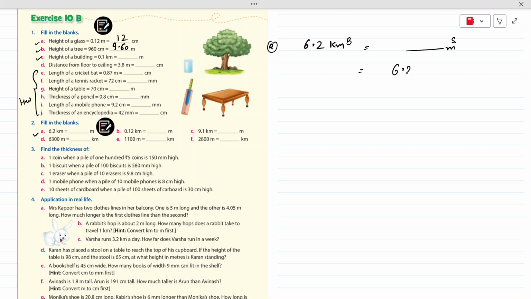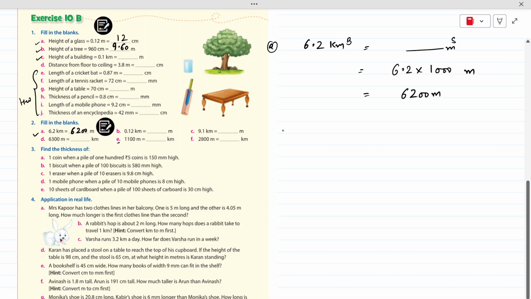We will multiply 6.2 with 1000 because 1 kilometer is equal to 1000 meters, and when we multiply this, we get the answer as 6200 meters. I'm writing here 6200 meters.